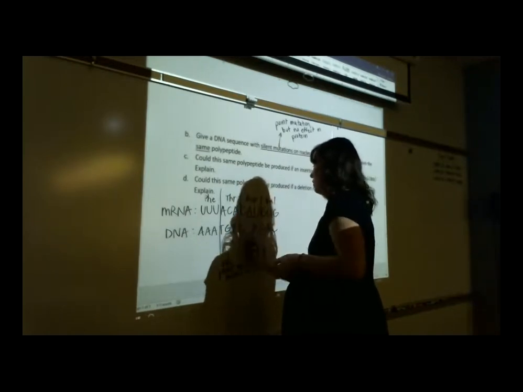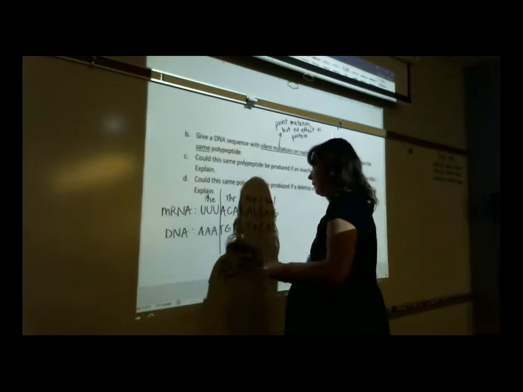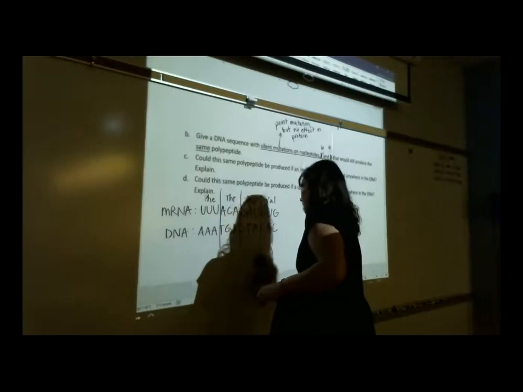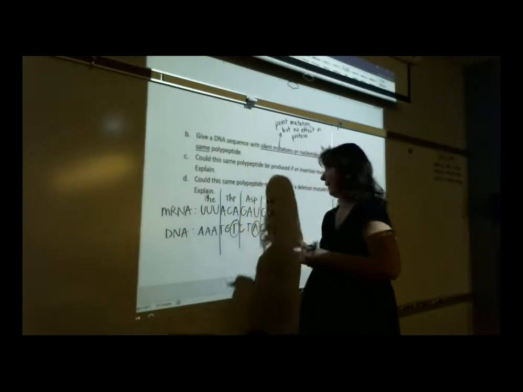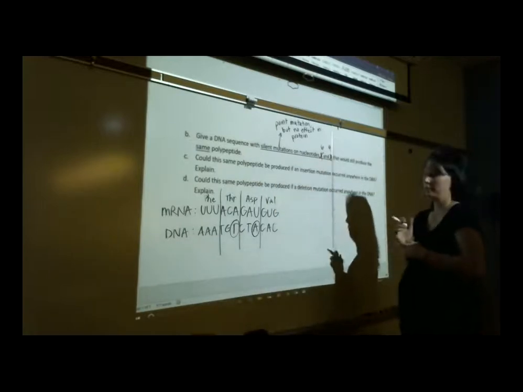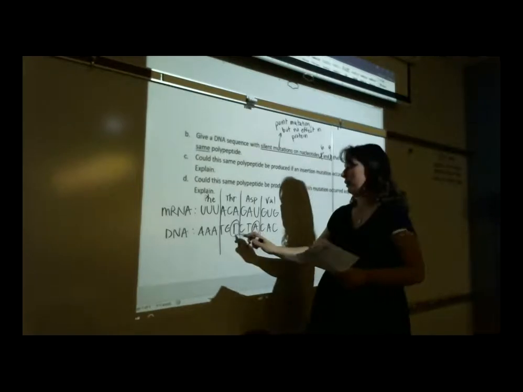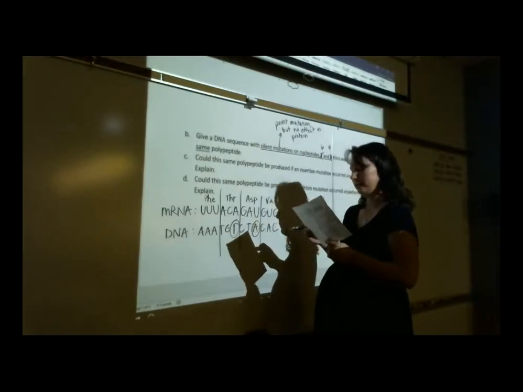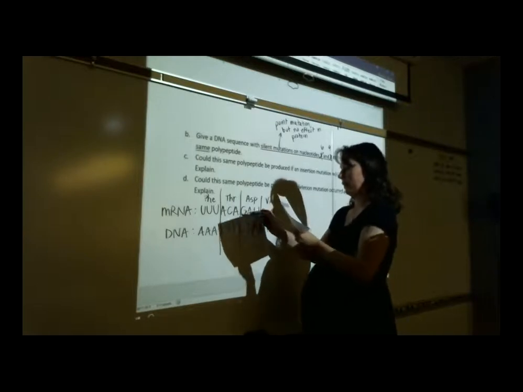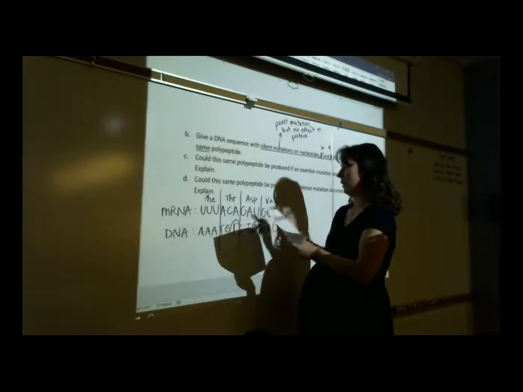Could a point mutation occur at 6 and 9 and be silent? Yes. So if we are going to have a point mutation on number 6, and it still needs to be a threonine, threonine is coded by ACU, ACC, ACA, and ACG.